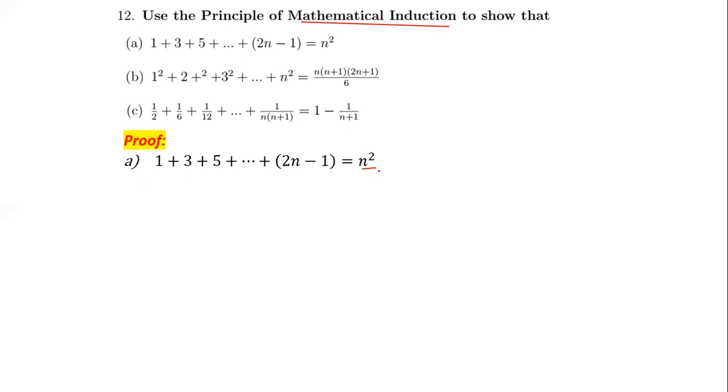So in order to apply this technique, mathematical induction, for proving such a theorem, as you know, we have to check first whether the theorem is true for the first few natural numbers.